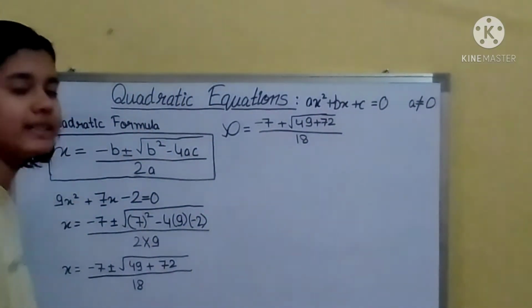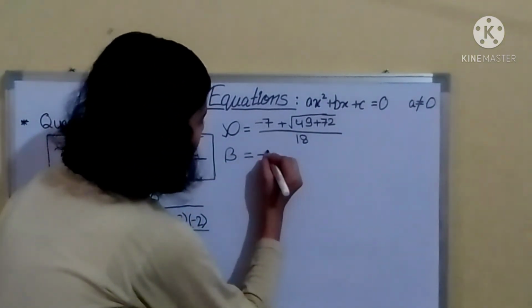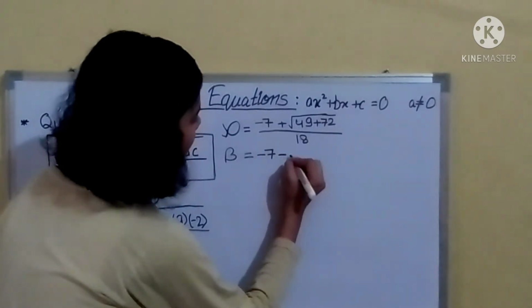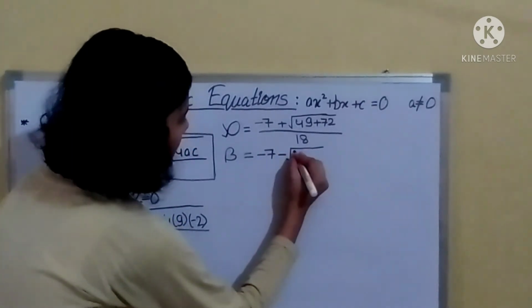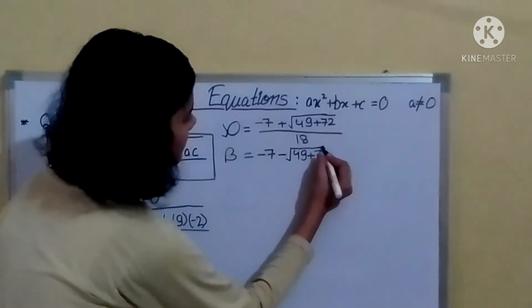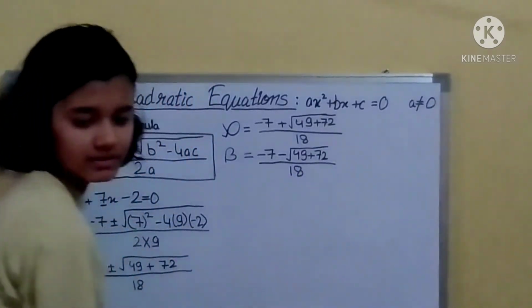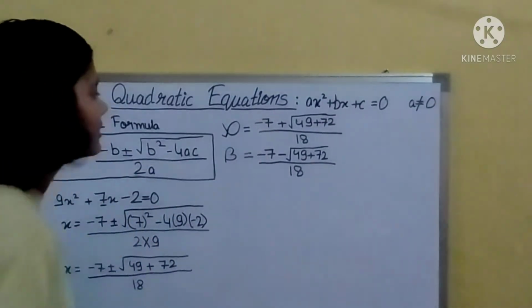And the next one is beta. Its value is minus 7 minus root 49 plus 72 upon 18.